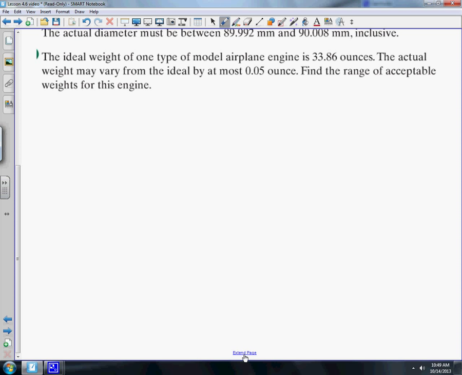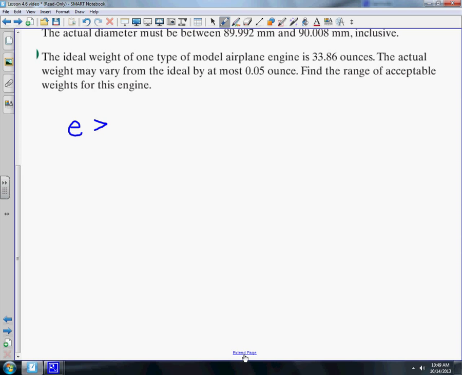So it says the ideal weight of one type of model airplane engine is 33.86 ounces. The actual weight may vary from the ideal by 0.05 ounces. Find the range. So what you do is you have your engine and you want it to be, now do you want it to be greater than or less than? Well, it says the ideal weight.